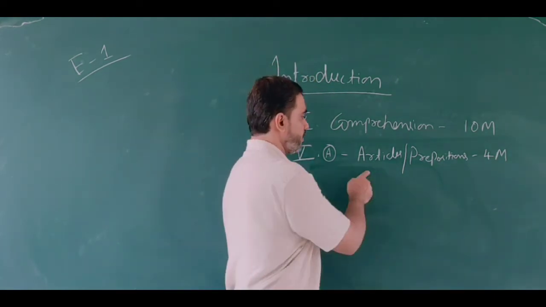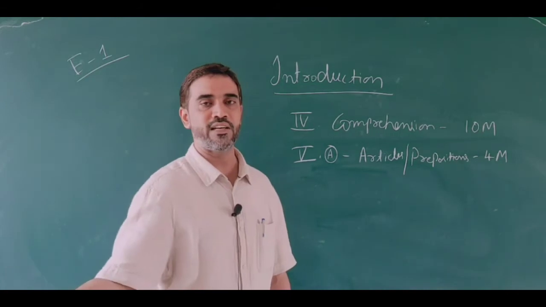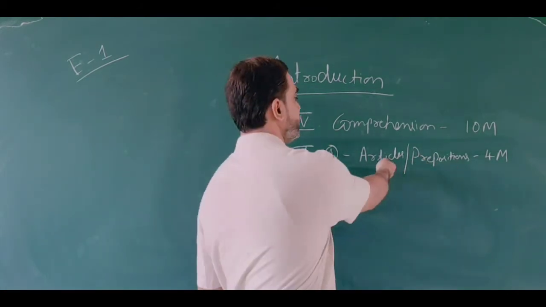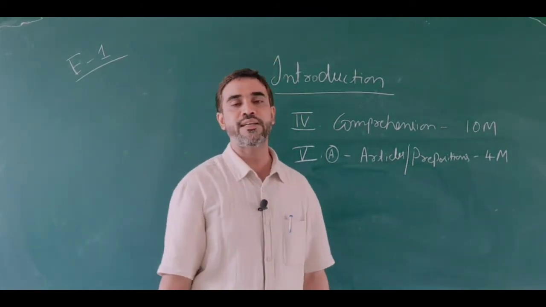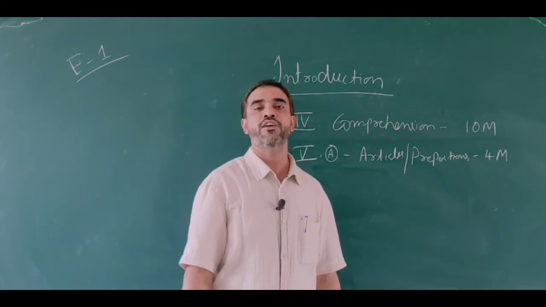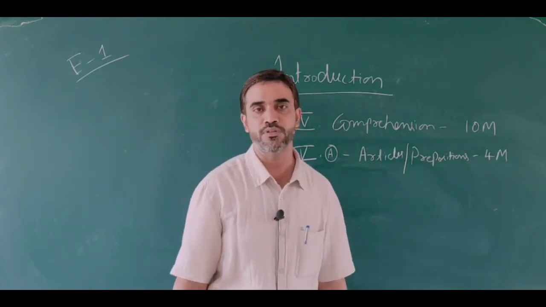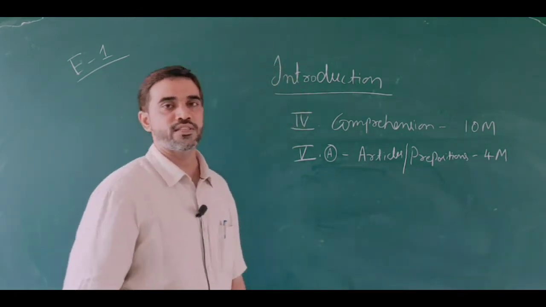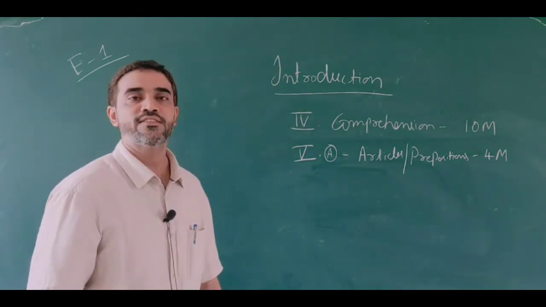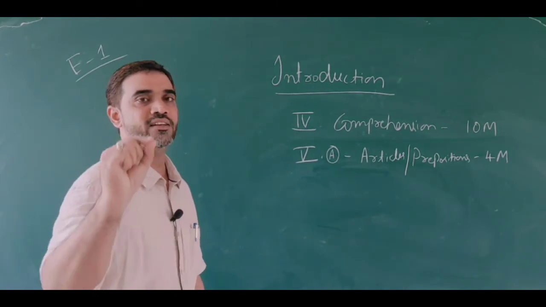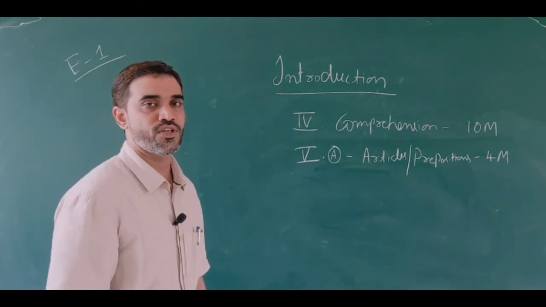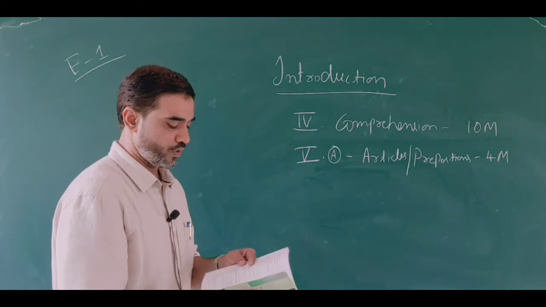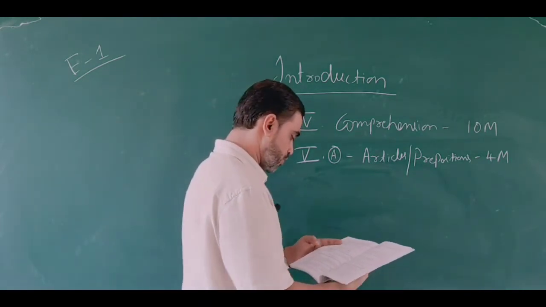Who knows, maybe a paragraph has been selected from The Gentleman of the Jungle only, and that would be asked here. So, at that time you should have a thorough study of the textbook that is given there. Clear? So, articles and prepositions is asked, and you will have to answer it by choosing the correct article or a preposition that it requires. Okay. Then coming on to the B.